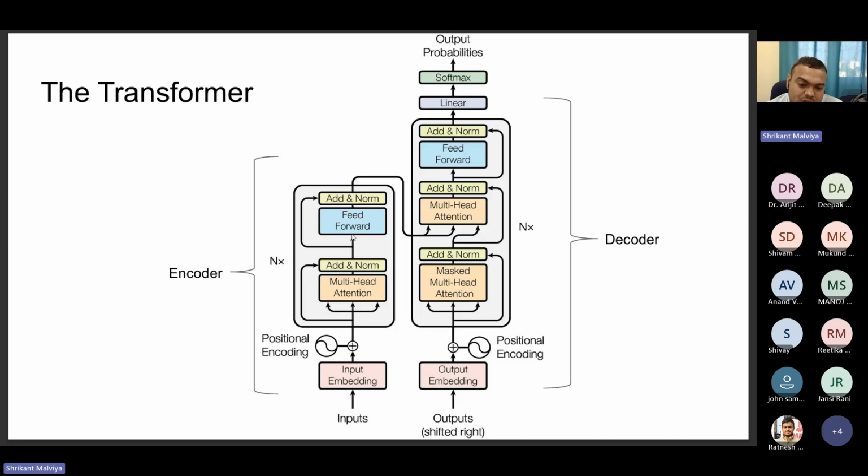Now let's talk about why the feed forward is so important here. Because what we are doing is just a bunch of vector multiplication operations, and vector multiplication just provides a transformation to a given word representation.